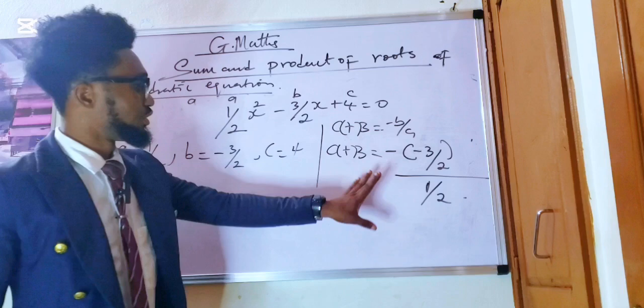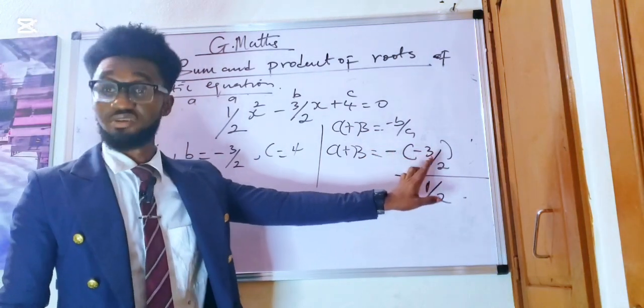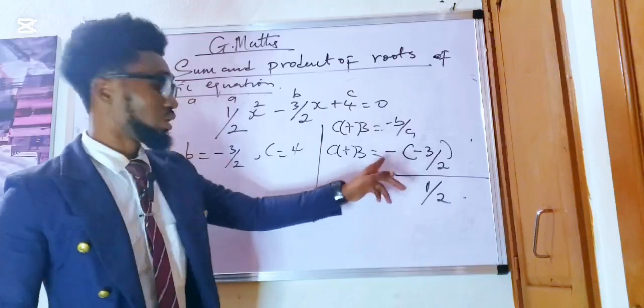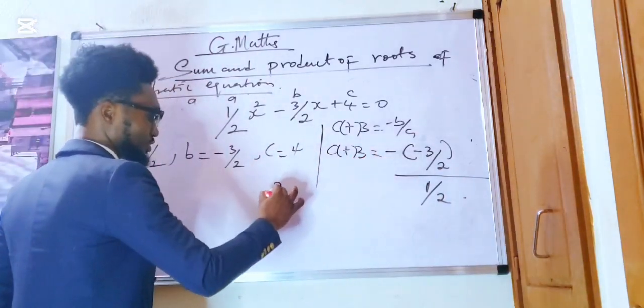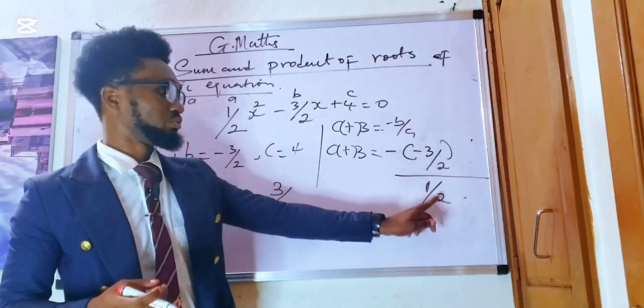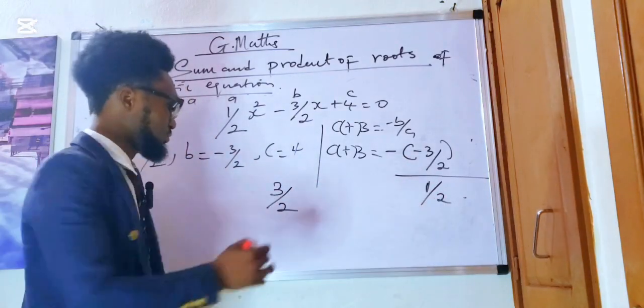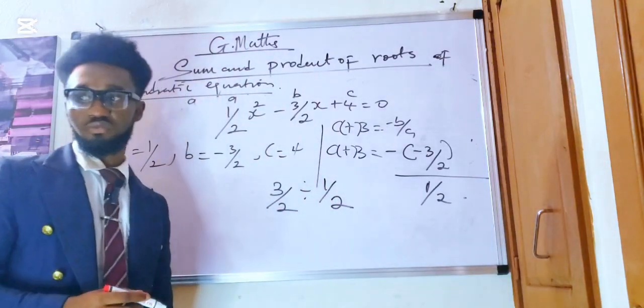So now, at the numerator part, we have minus bracket minus 3 over 2. And when we apply this, minus multiplied by minus will give you 3 over 2. Now it's just like 3 over 2 divided by 1 over 2. Put our division sign, divided by 1 over 2. Right?